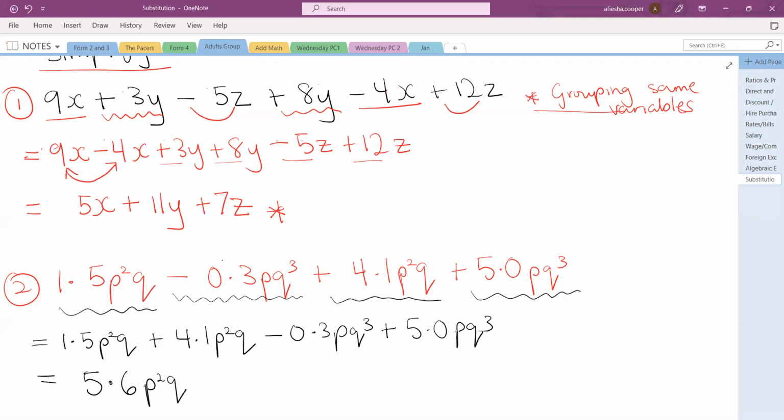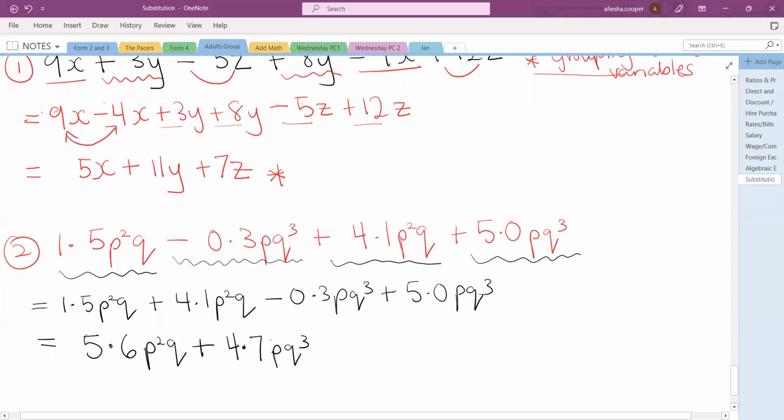Negative 0.3, add 5, that will give us positive, so we put our answer right here, positive. If it's just a 4.7, it's positive, so you have to put that positive sign, right? So positive, add 4.7 pq cubed. Any questions?